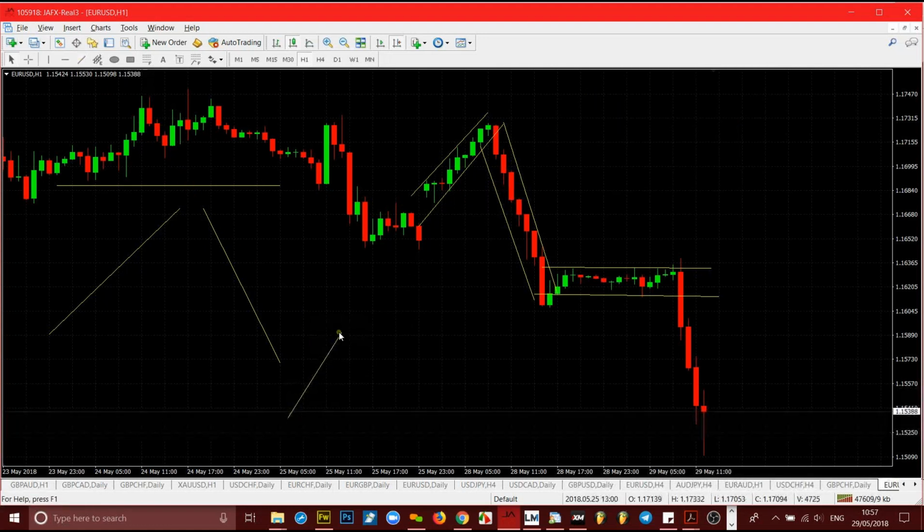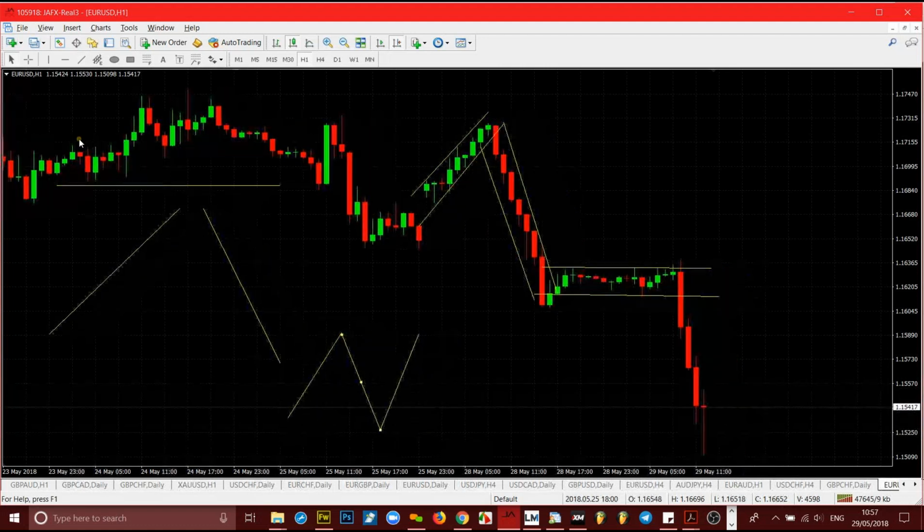Price would always move in these directions. This, and maybe this. See the way they're moving? Can move like this even.